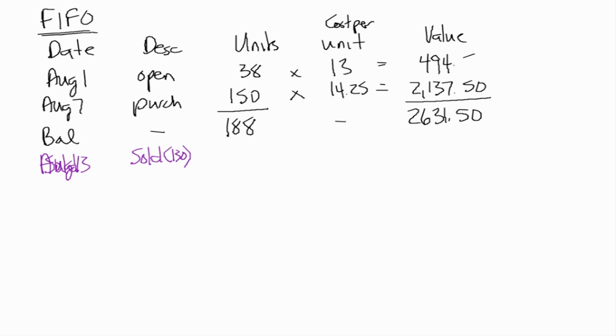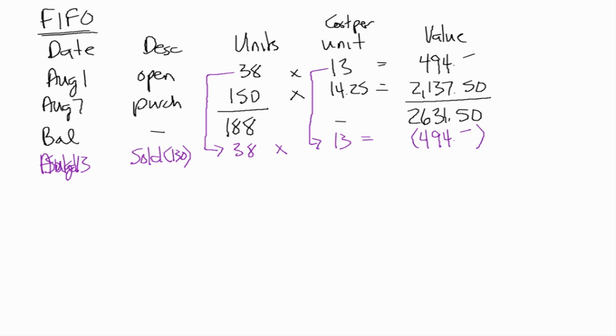Now, don't forget, it's first in, first out. So of those 130 units, I'm first going to get rid of all the old 38. I'm going to get rid of 100% of the 38, and I'm going to transfer down the $13. We multiply it, and that means $494 of value is going to disappear because we sold it.